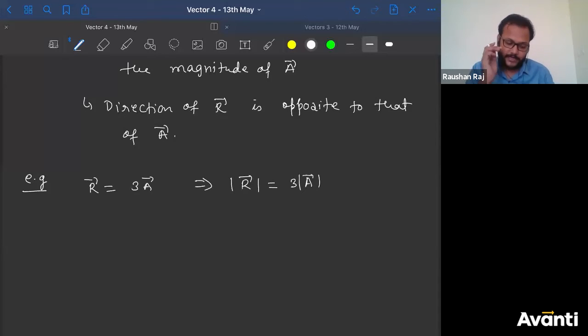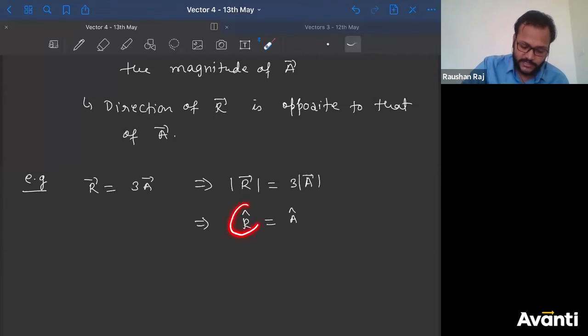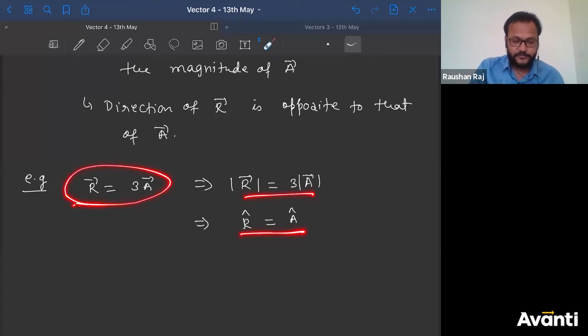That is the first data. The second data you are going to get is that unit vector of r is equal to unit vector of a. That means directions are the same. Did you understand? What does this unit vector suggest? Unit vector suggests the direction. So they have the same direction. This is the conclusion you can get out of this equation.